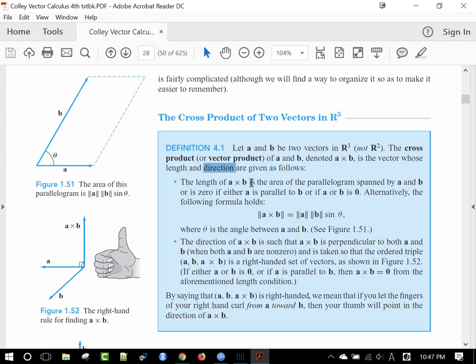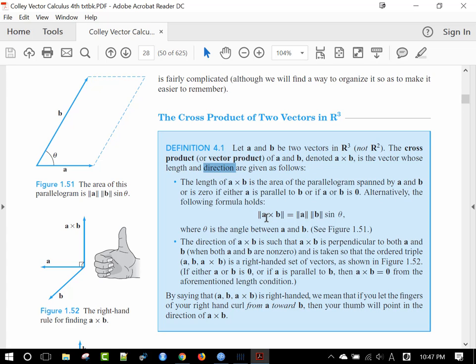The length of A cross B is the area of the parallelogram spanned by A and B. So it's this thing here, A, B, it's going to be this area. Or it is 0 if A is parallel to B, or if A or B is 0. Anyway, those are just weird cases.